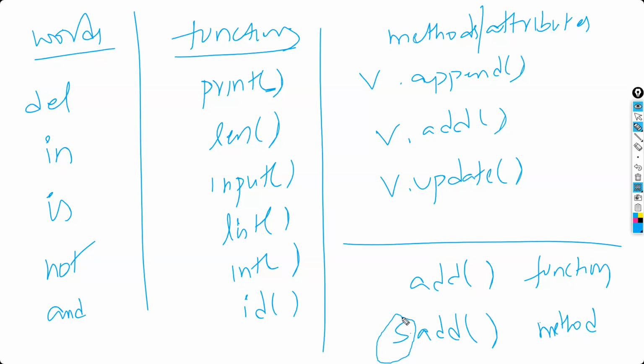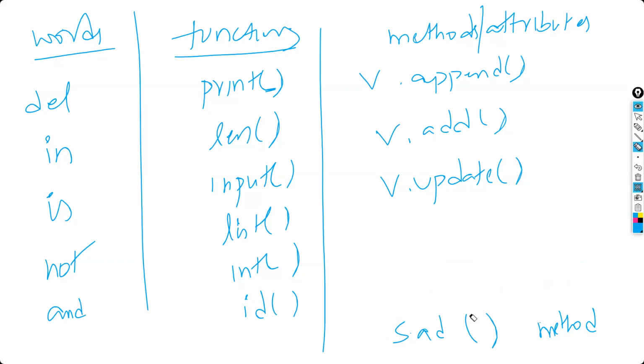For example, s is equal to list dot add, it is going to throw an attribute error, because for list, add is not there. For tuple dot add, it will throw the error. Set dot add, then it will work. So it will work only for particular data types. Now, what is the difference between these two? One is a function, one is a method. So how to identify methods? You have to write variable name dot function. Then it is called a method or attribute.